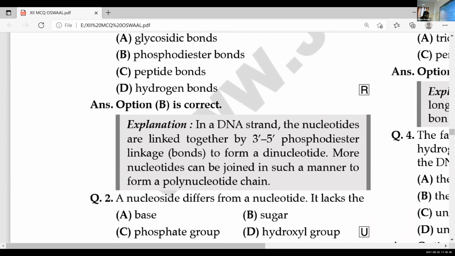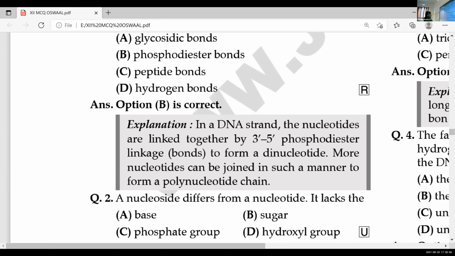You know the difference between a nucleotide and a nucleoside. When a nucleotide is complete, it is the individual unit of the DNA strand. And what makes a nucleoside different from a nucleotide? It lacks the base, phosphate group, sugar, or hydroxyl group. Which one is it lacking?